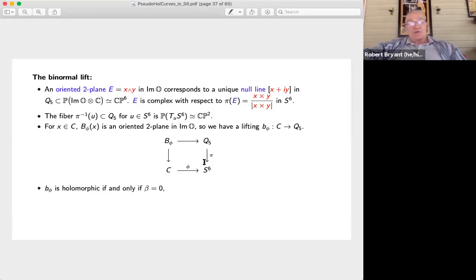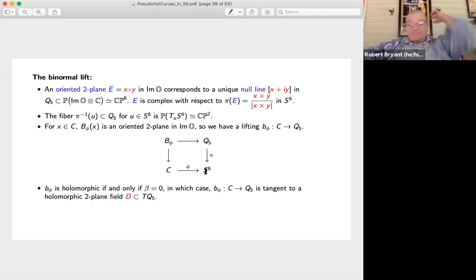The lifting is well defined, but it turns out that this lifting from C into Q5 is holomorphic if and only if beta is identically 0. And this is a little weird. Of course, S6 is not complex, but Q5 is complex. The map from here to here is not holomorphic; it can't be, but it's partly holomorphic. It's horizontally holomorphic, which I'll get to in a minute.